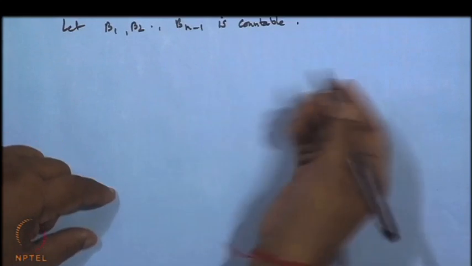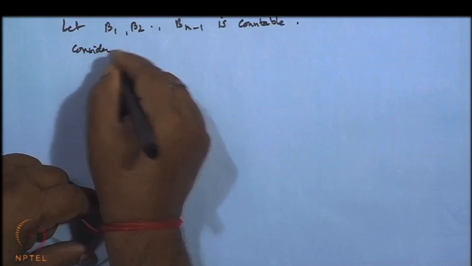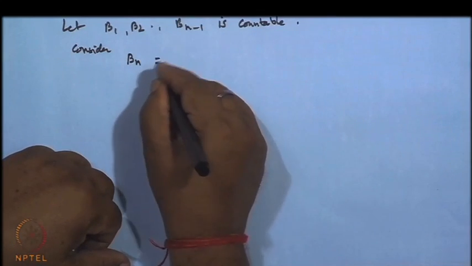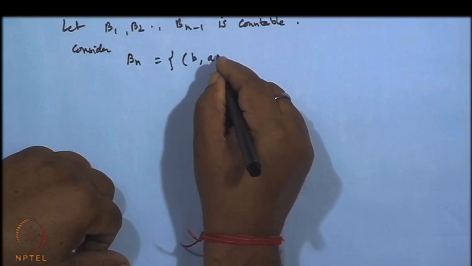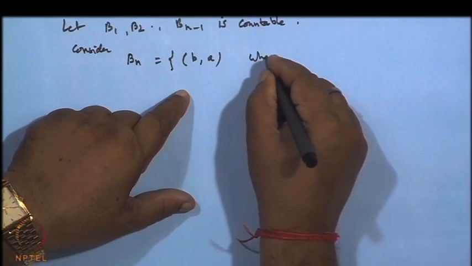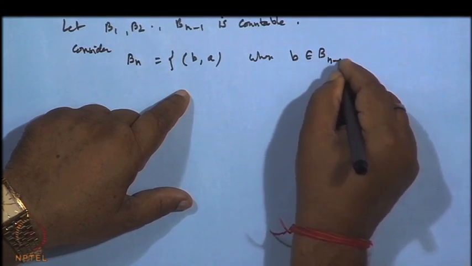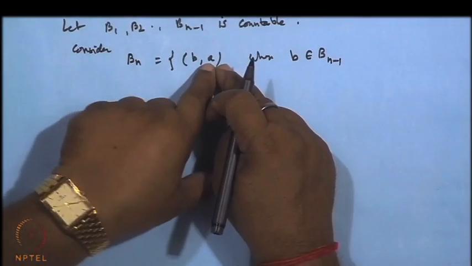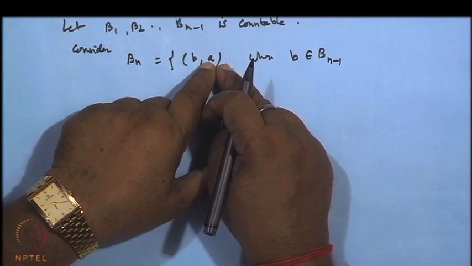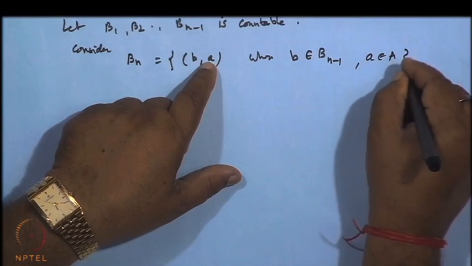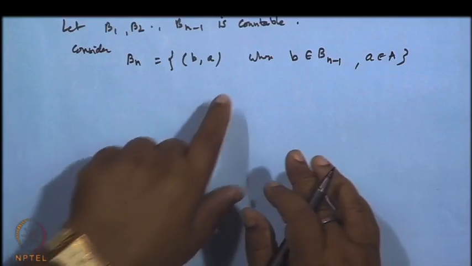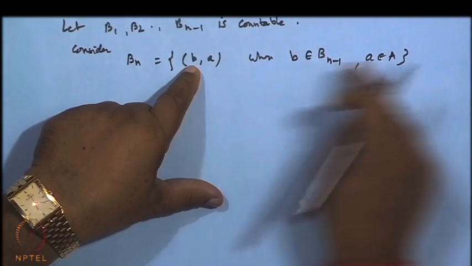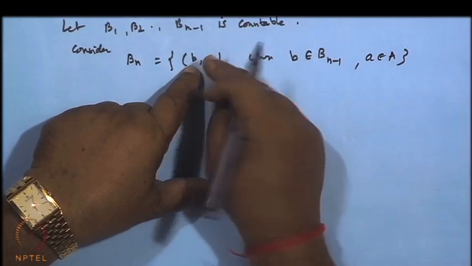So, consider B_n. We can put B_n in the form of ordered pairs (b, a), where b belongs to B_{n-1}, that is, b is (a_1, a_2, ..., a_{n-1}), and then the nth term a belongs to A. Clear? Now, if I fix b, then each element of A we are combining with b, that is all.